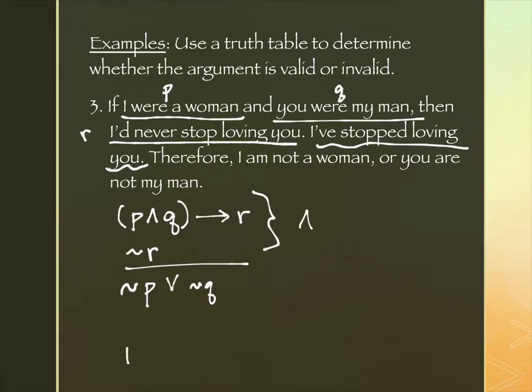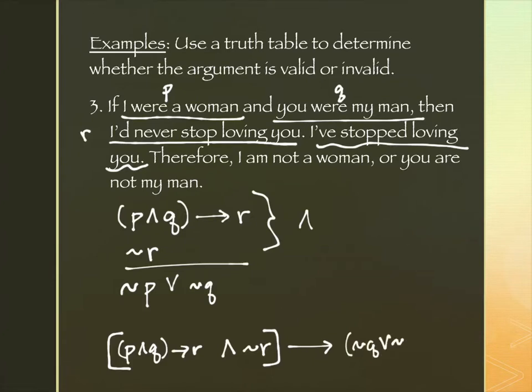So we're going to write P and Q implies R and tilde R. And all of that joined together will be the premise or the antecedent of the part that comes after the therefore line. That's tilde Q or tilde P or tilde Q.